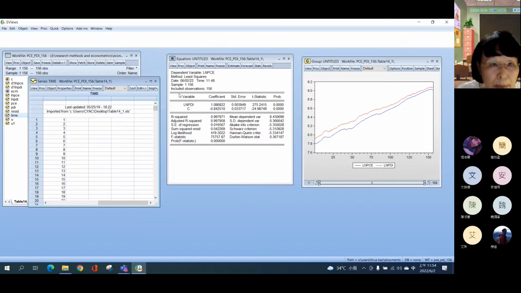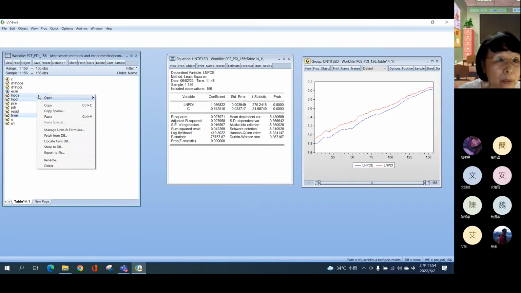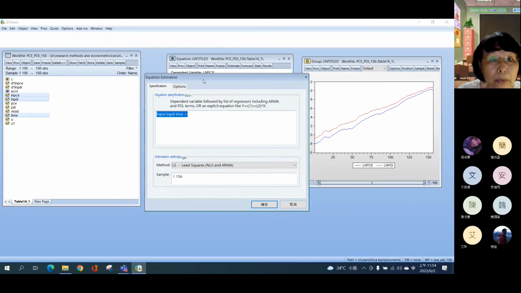Okay, so let's do it. In other words, I'm going to run LMPCE as the Y, then LMPDI as an X, also with time as another X variable. So let's open it as an equation.